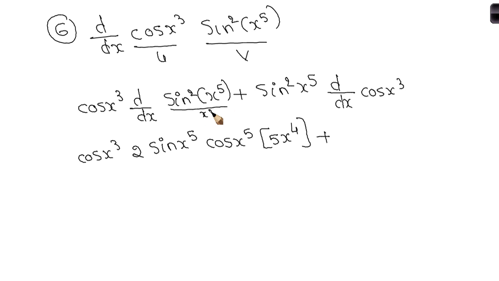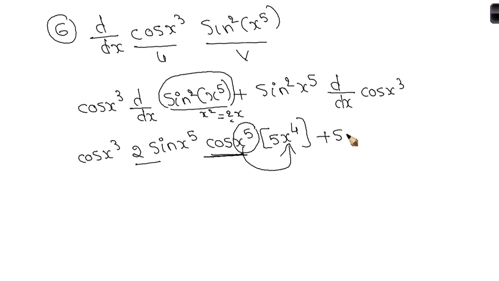What is the derivative of x square? 2x. That is the reason I have written sin square x power 5 as 2 times sin x power 5. Here x is the sine function, so I should do the derivative of sin x power 5, which is cos x power 5. I should also do the derivative of x power 5, which is 5x power 4.